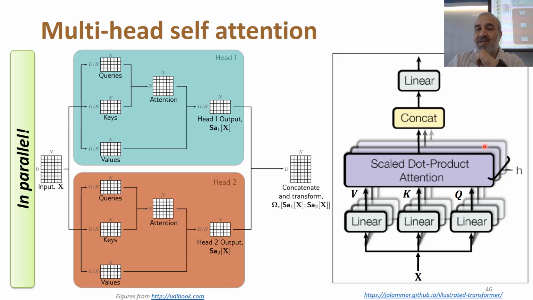And then these are concatenated, which is here, and then another linear layer, which is the concatenation weight matrix. Do you see how this is mapped to the process on the left? Any question about how this works?